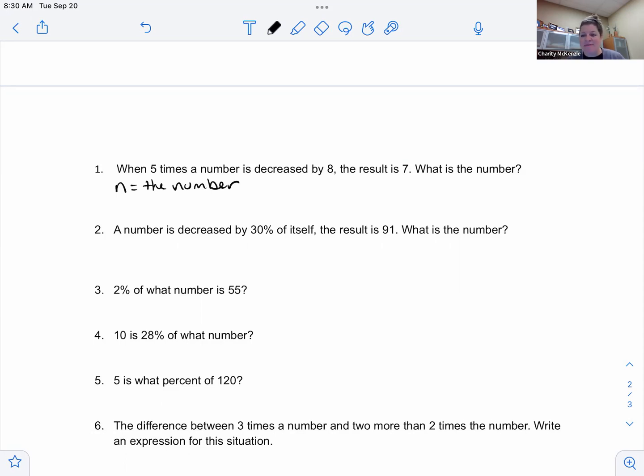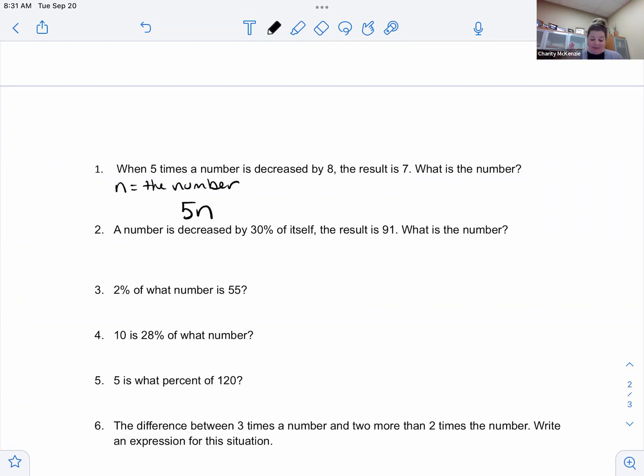And when I say 5 times it, I would write it like that, 5 times n. So our first piece is 5 times n. I can write that as 5 dot n, right? Or a little x. We don't like using x's as our times. It just looks like an x. So you can use a dot or put them next to each other like I did, which means times as well.